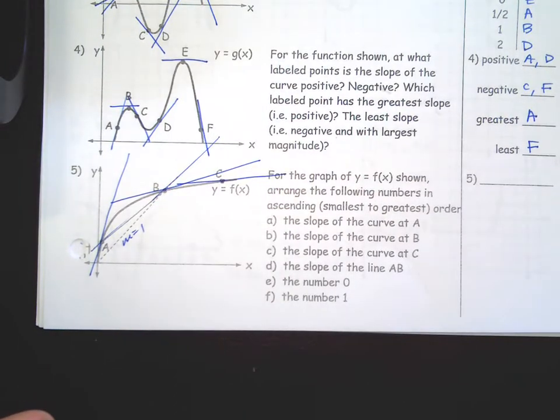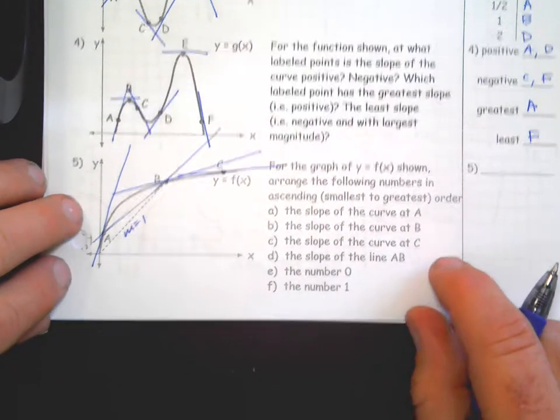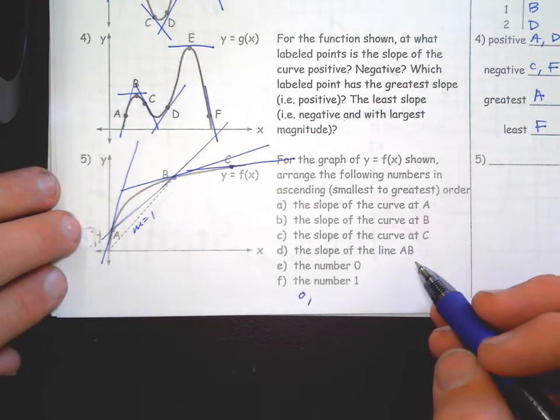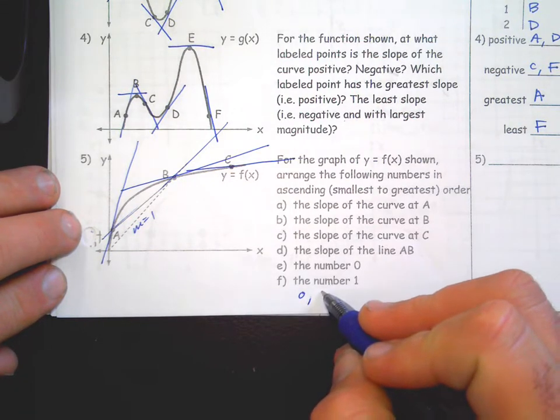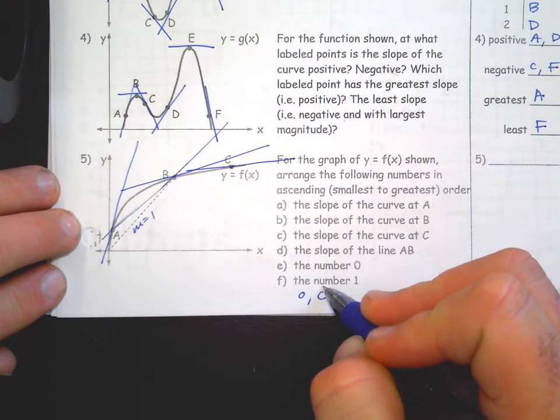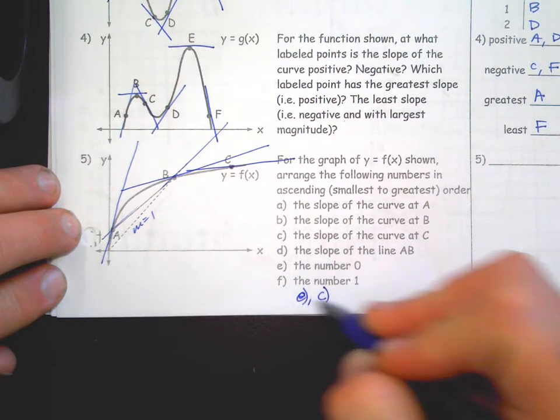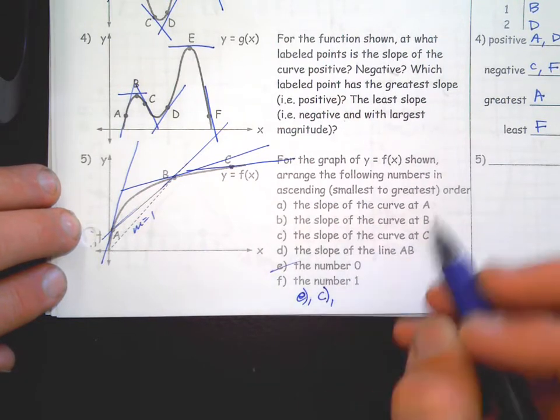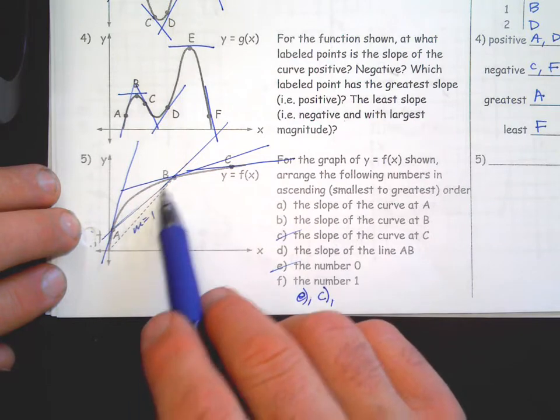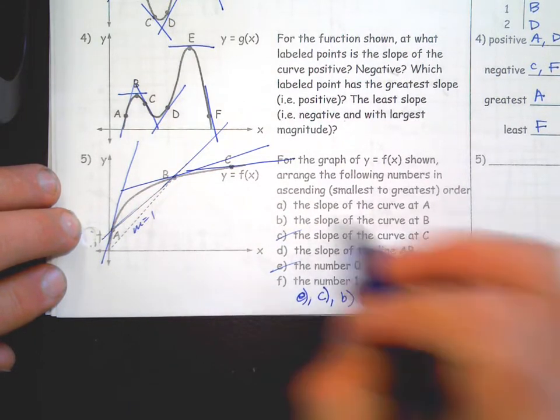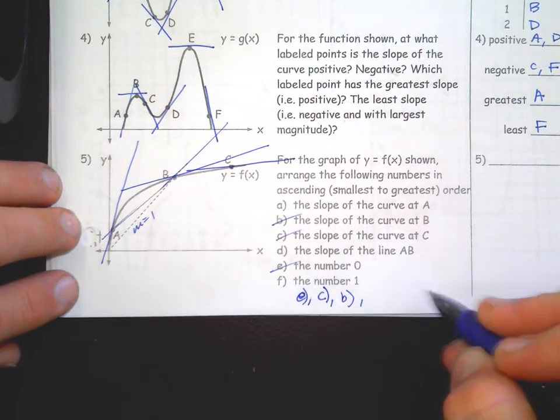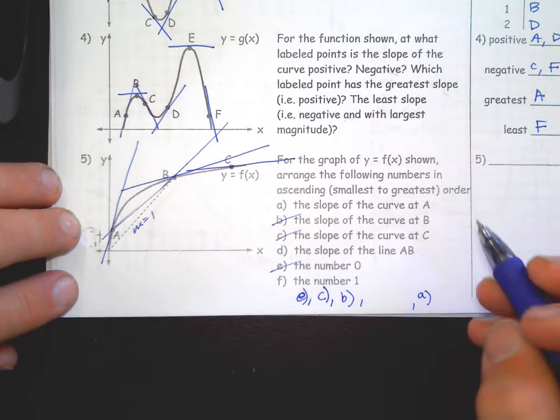And so I would say 0 would have to be the smallest because there's no negative slope. So 0. And then the least steep value, I think, would be C, or answer C. So I guess we're supposed to be doing answer E, answer C. And then let's say B looks less steep than either of those, so I'd go with B. And then I think A is going to be the most steep, so I'll put that last.